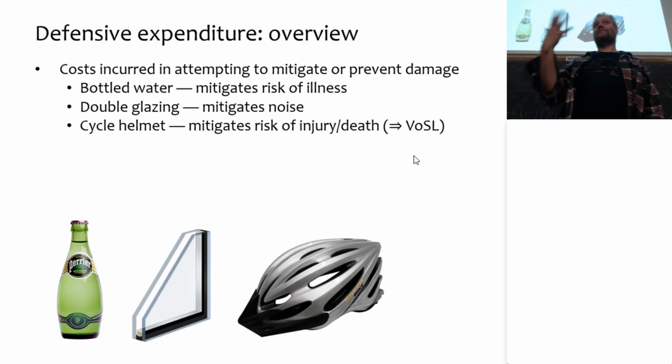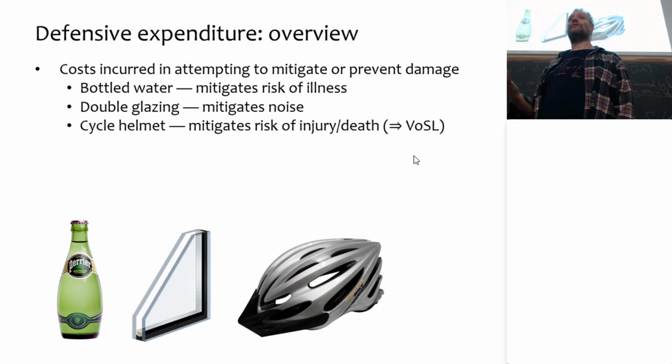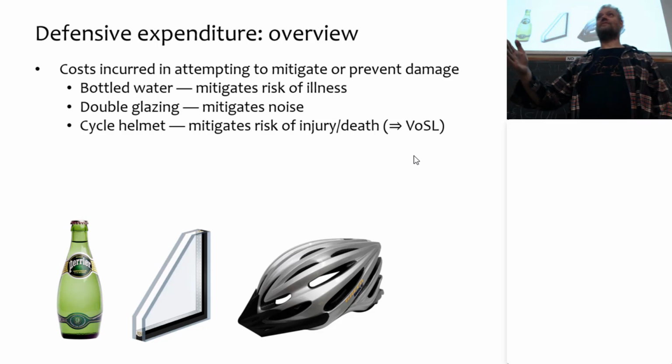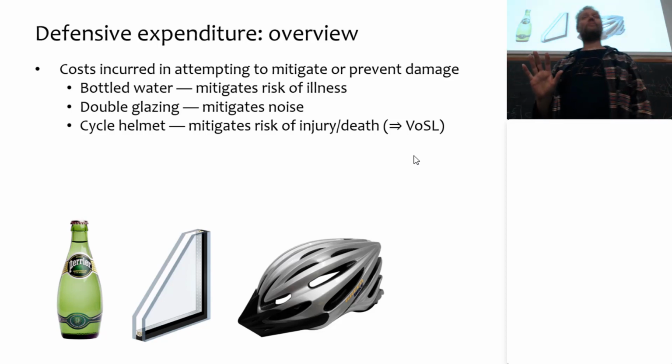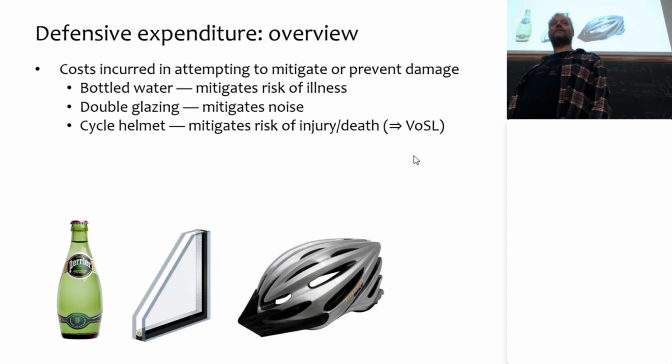And of course, what you need to do there is essentially get into people's mental models, right? Suppose that people do drink bottled water only for health reasons and not for aesthetic reasons or for being popular or for taste or whatever. They just do it to avoid illness.